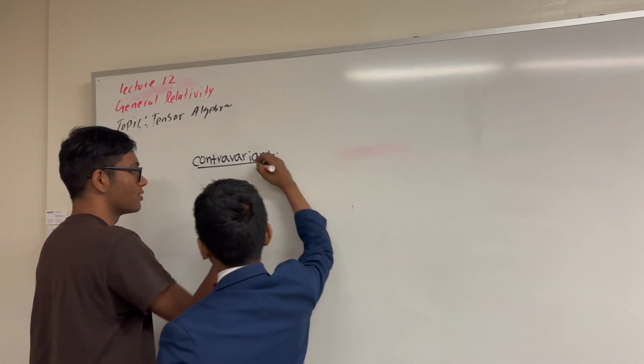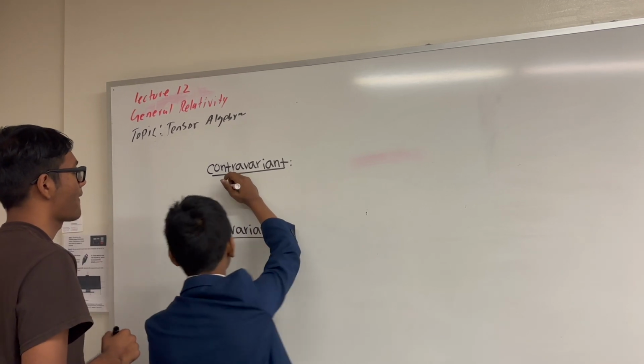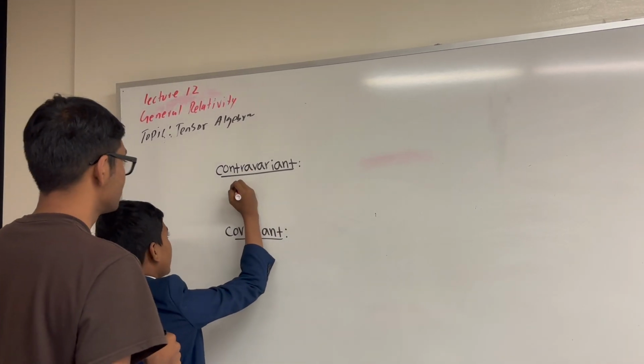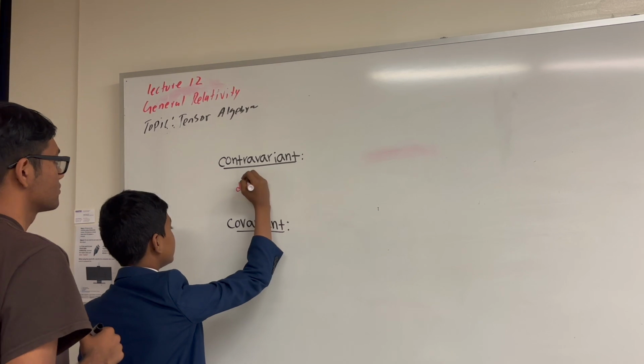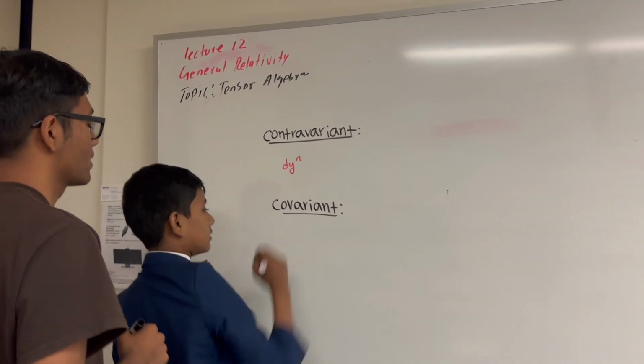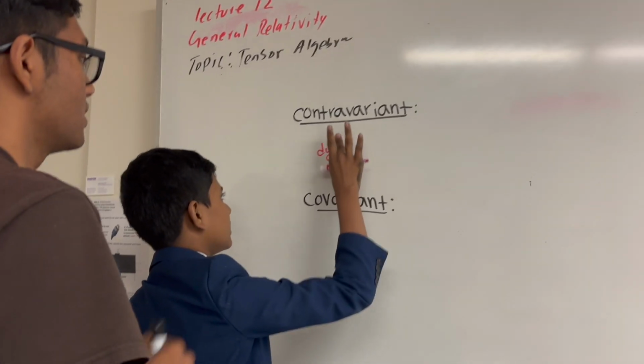It's a little bit cluttered over here, but contravariant is essentially if we have dy in some random direction. What index could we use?